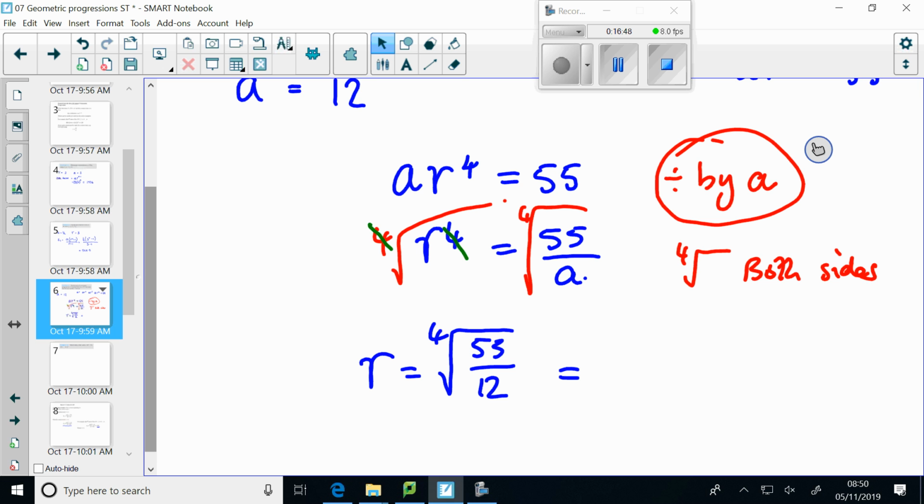Plug that in your calculators and give me the answer to 7 decimal places at this stage. What have we got?